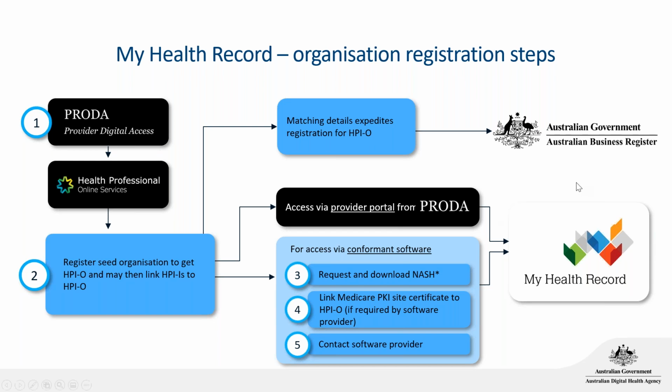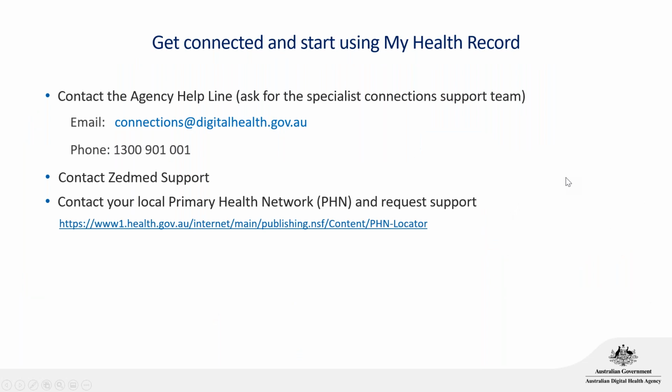But as I said, for those of you who are interested in connecting, we have a dedicated team in the agency that can take you through this whole process so that it's very simple and easy for you. We have provided their details here, so you're very welcome to reach out. You can also contact Zedmed for more information and support.